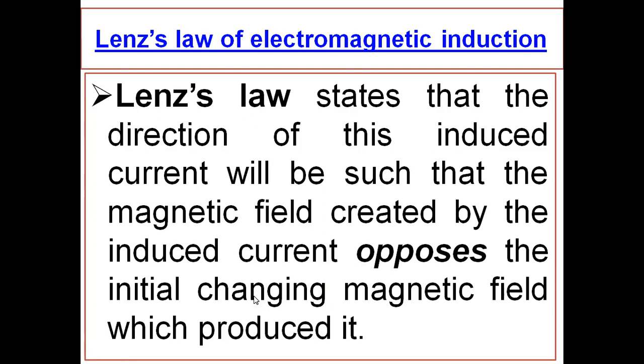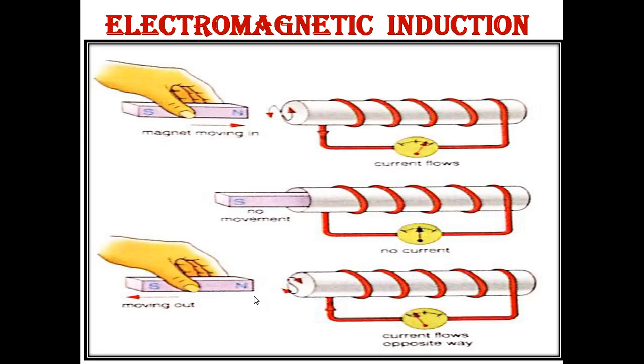According to Lenz's law, as we have seen in this diagram, when the north pole of the bar magnet is moving in, the current flows so as to produce a north pole at that end of the coil, and this means that the current is opposing the movement of the magnet.